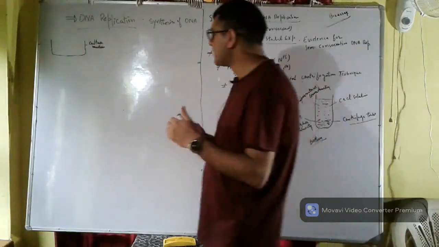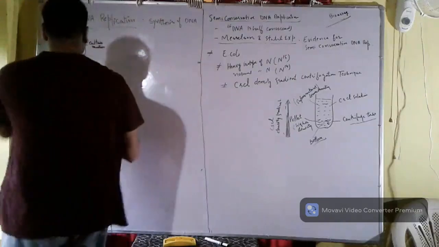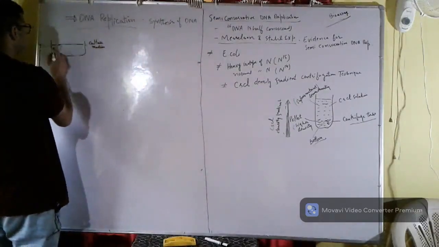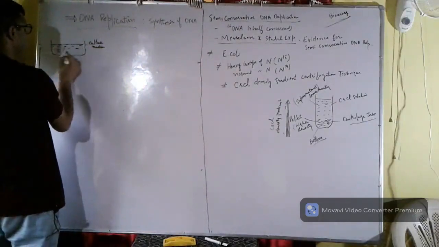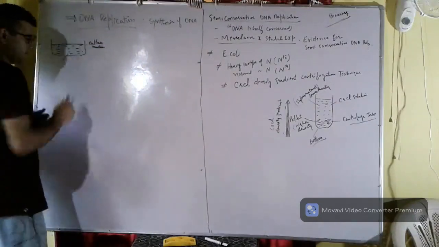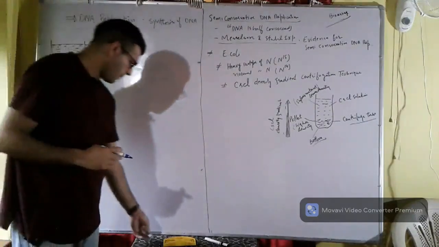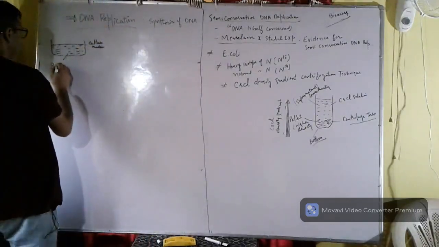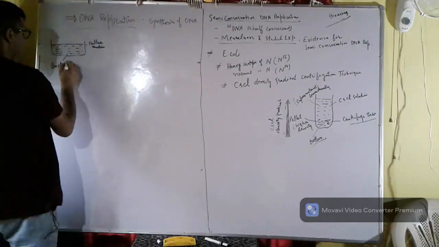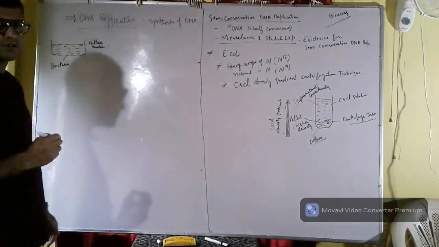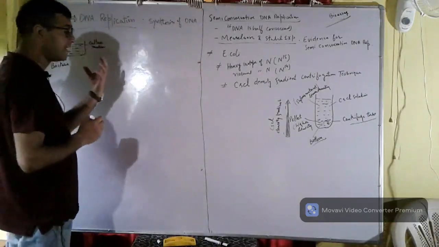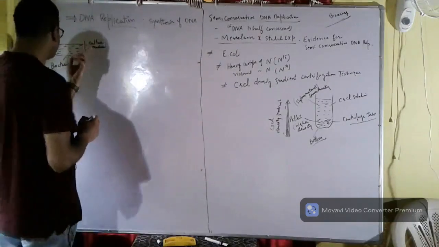So they made a culture medium. In this culture medium, bacteria were cultured in a culture medium having the heavy isotope of nitrogen.